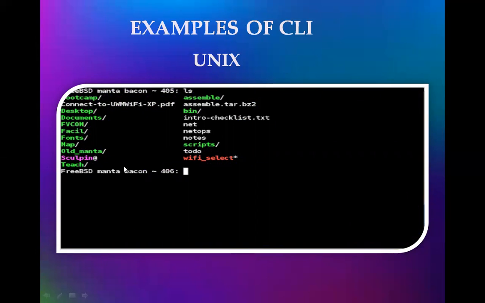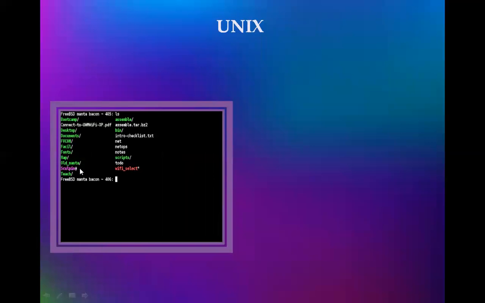As you can see in this figure, all those operations that the user wants to perform within the computer are stated in the form of commands like fonts, map, menta, teach, etc. It is the interface of the Unix operating system, which consists of a command line interface. Commands are driven and written line by line.